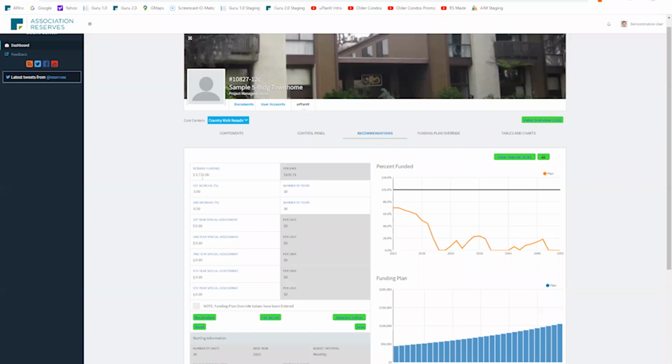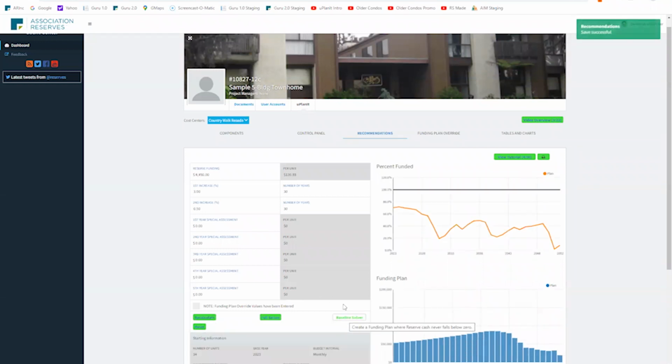So it was $3,730, and now to be baseline funded, it's going to be $4,450, and that is about a 19% difference, 20% difference. And that is typical.